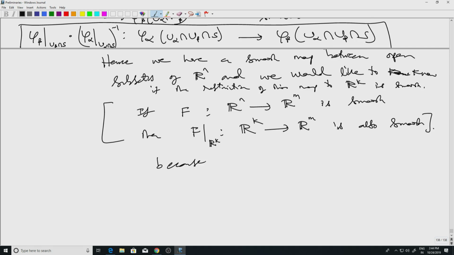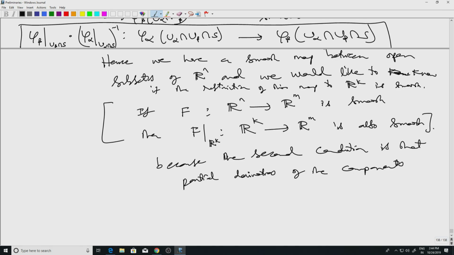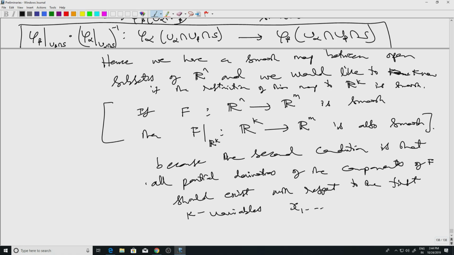because the second condition is that partial derivatives of the components of f should all exist with respect to the first k variables x1, ..., xk.